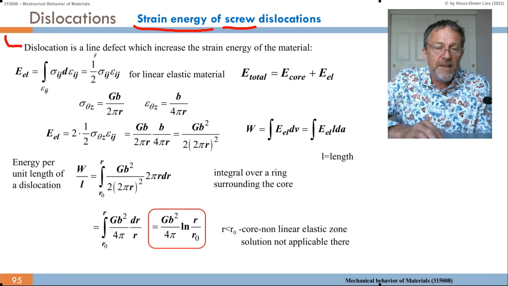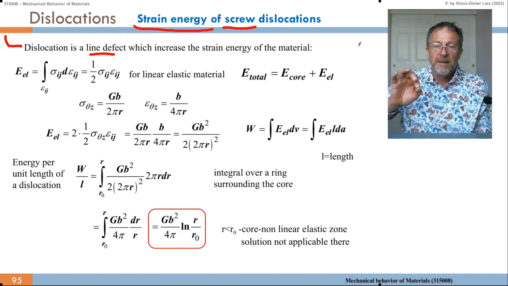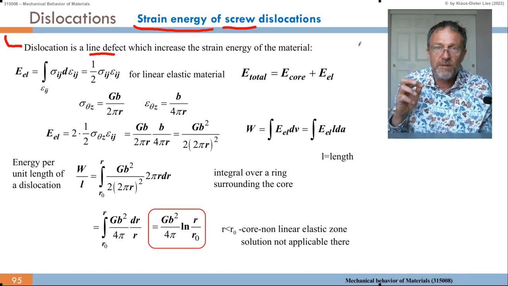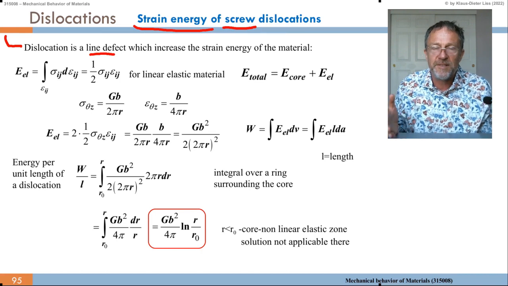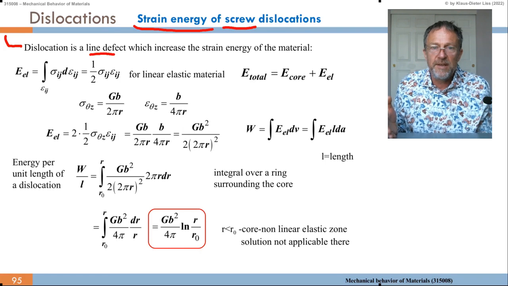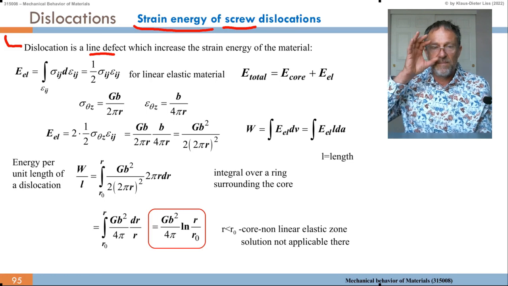The dislocation is a line defect which increases the strain energy of the material. If we put a dislocation into the material, then we get the stresses as shown, and that increases the stress field, costs some energy.